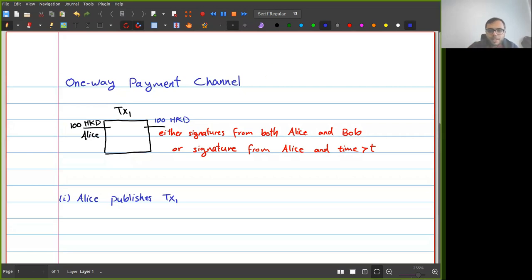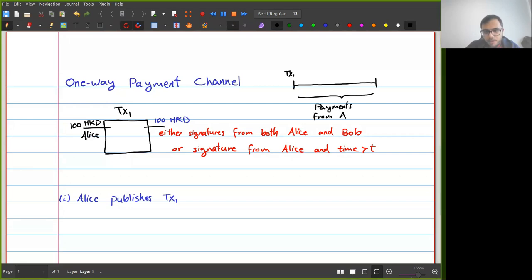So my timeline looks something like this. This is the time that transaction 1 was published. And let's say this is the period in which Alice wants to pay Bob. So I should be able to support payments from Alice to Bob here. And then let's say this is t.